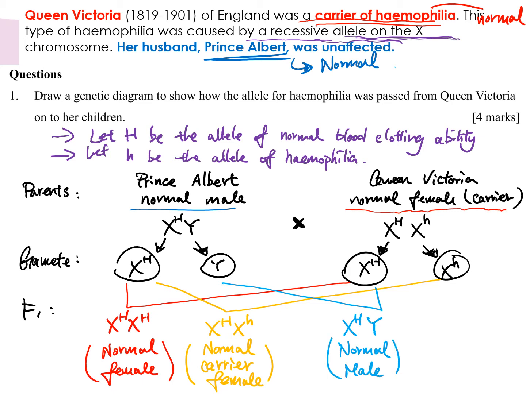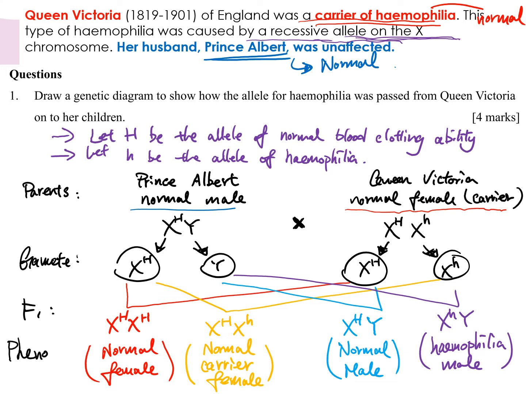The last type of offspring coming out after fertilization would be a male, but this time this male has a hemophilia allele on the X chromosome. Therefore, he is a hemophilia male. And this is the phenotype. 4 types of offspring.